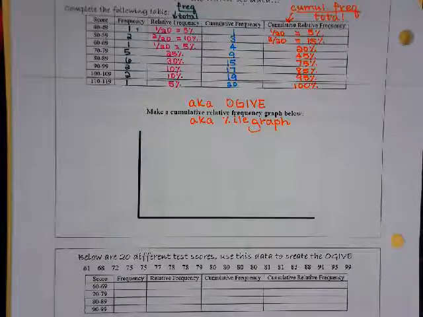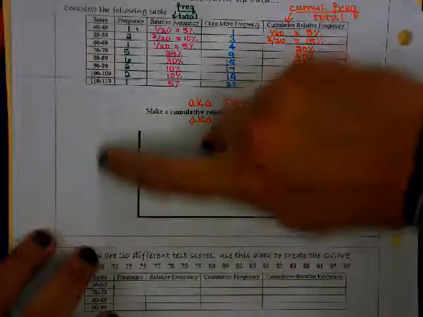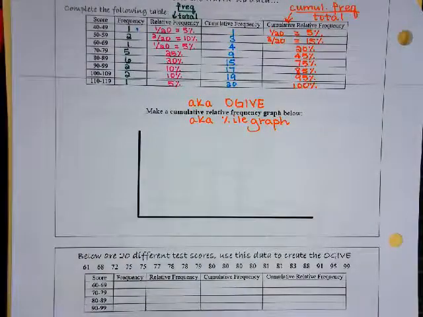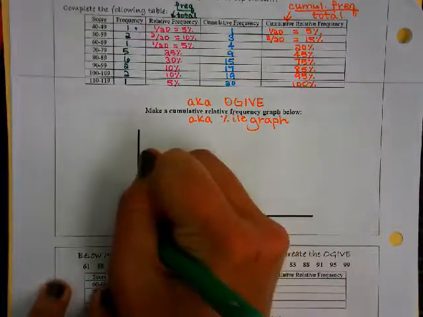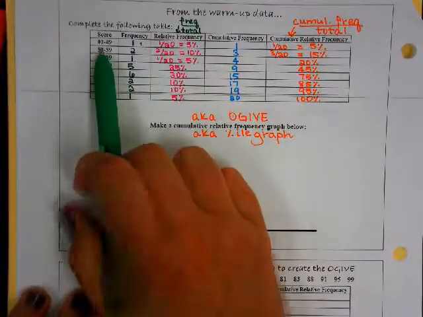So when we make our ogive, we're going to put the scores across the x-axis, and then we're going to put our cumulative relative frequency on the y. Let's see, I'll use this color. So we want to start everything at 0, and yes, that does mean we're going to have a little space until we get to 40.